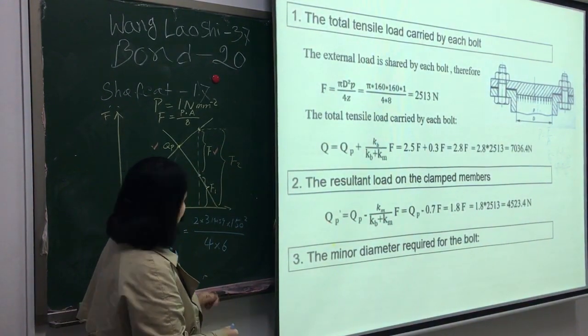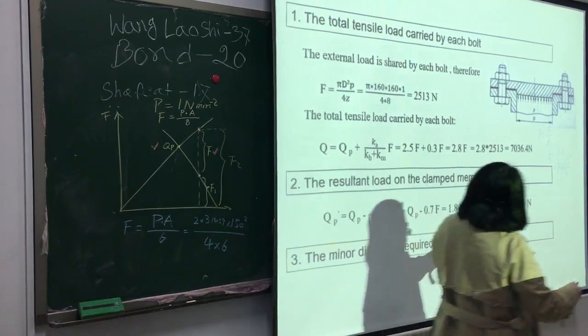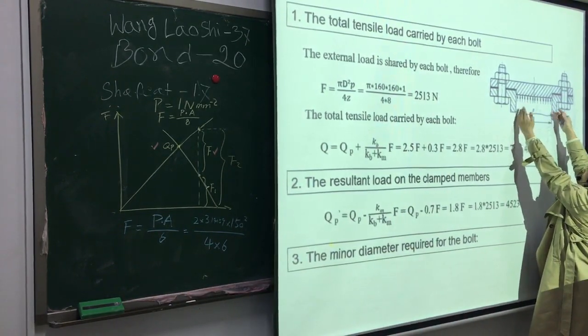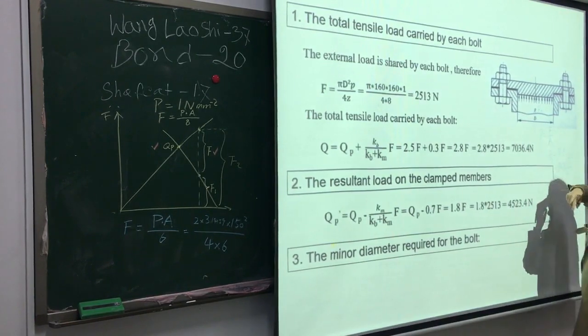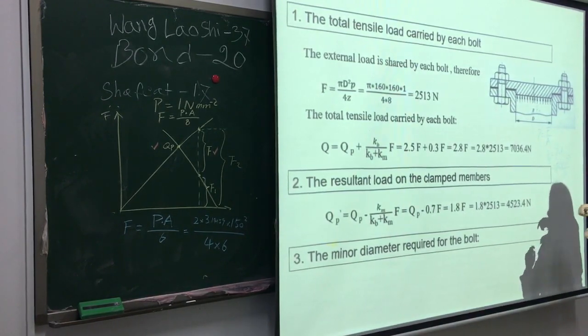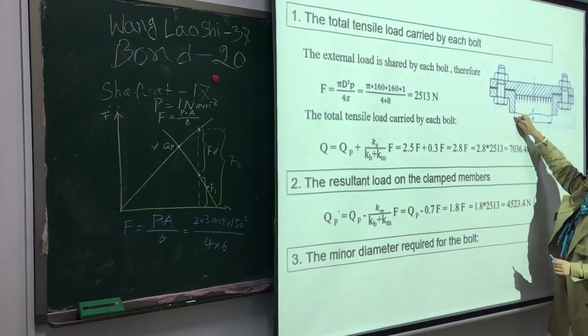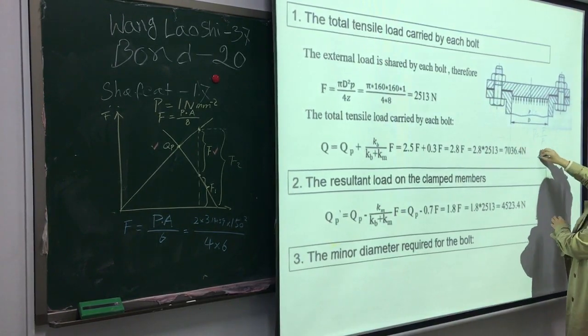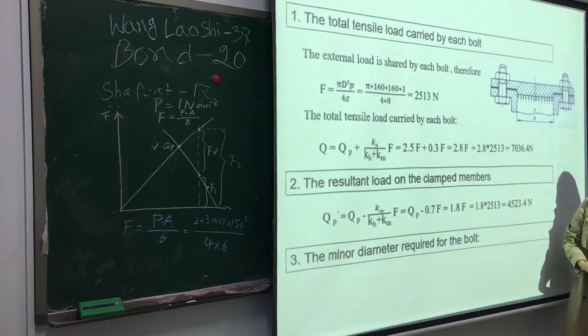So the area is the inner area. This is 5890.5.